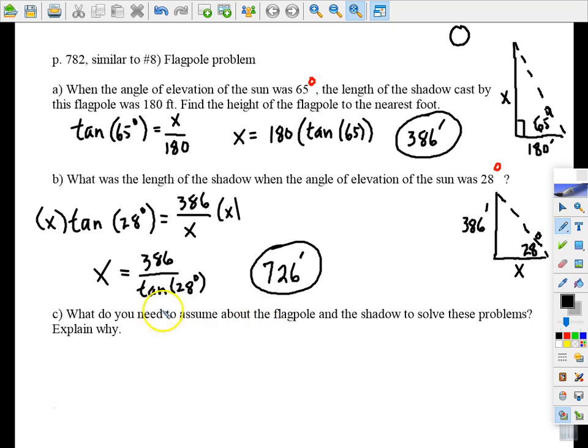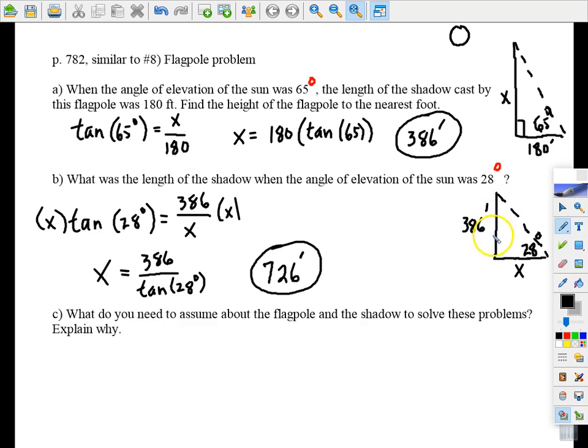Now, what assumptions do we have to make? Well, first of all, we have to assume that the flagpole is perfectly straight. We have to assume that the ground is perfectly level. Okay, it can't be on any kind of a hill or anything like that.